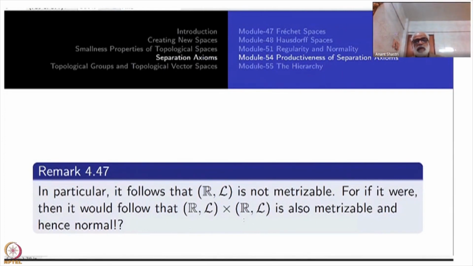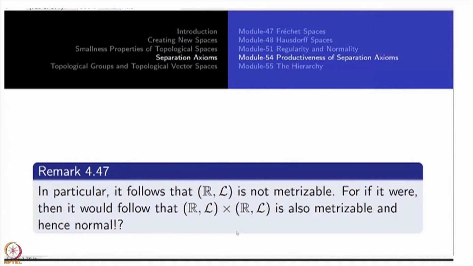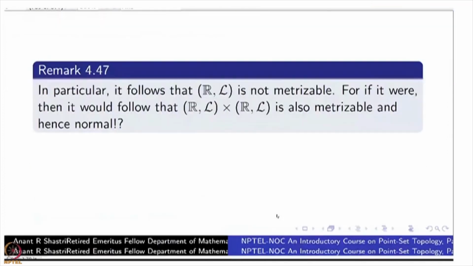Why? Because if it's metrizable, its product will also be metrizable. Metrizable means there is a metric. The product topology is given by the product metric, right? If it's a product metric, then it will be normal also. That's absurd, because just now we proved that it is not normal. So that's a contradiction.